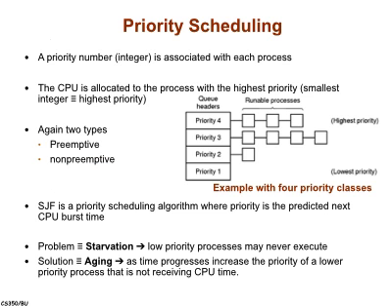Next, we look at a class of scheduling algorithms called priority scheduling. Almost all the scheduling algorithms that we have seen so far, except maybe round robin, fall under the category of priority scheduling. Within priority scheduling, there are two subcategories: static priority and dynamic priority scheduling.